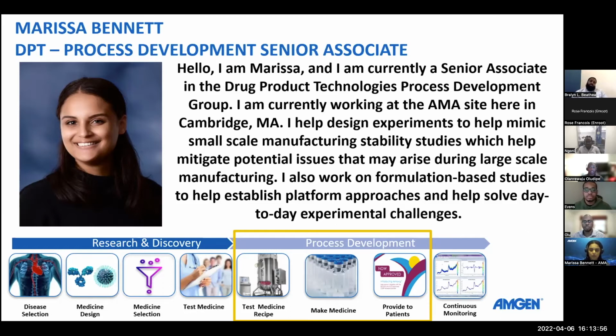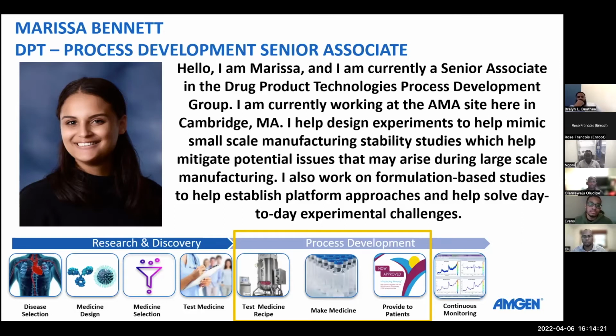And I also work on formulation-based studies. So as you heard, there's usually a medicine, we select it, we test the medicine, and then, as time goes on, and even as Olu had mentioned, where he continuously monitors, even when this medication's on the market, if things come up where there are adverse reactions or we run into issues in manufacturing, I help go back and look at the smaller scale, at the very bottom, and say, okay, this is a formulation, this is what the drug is made of.